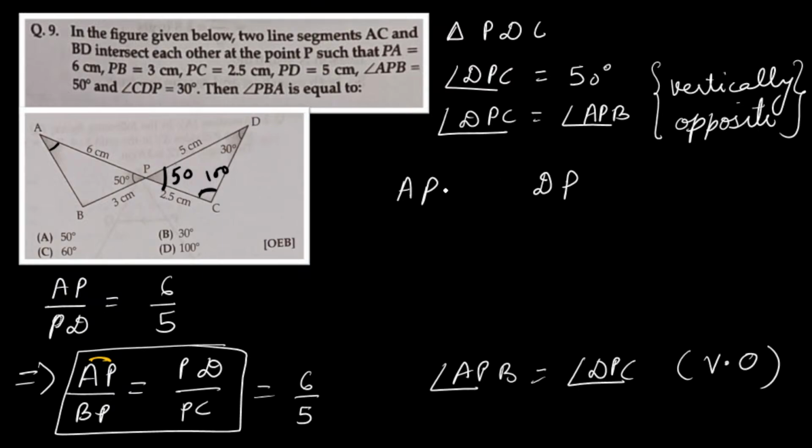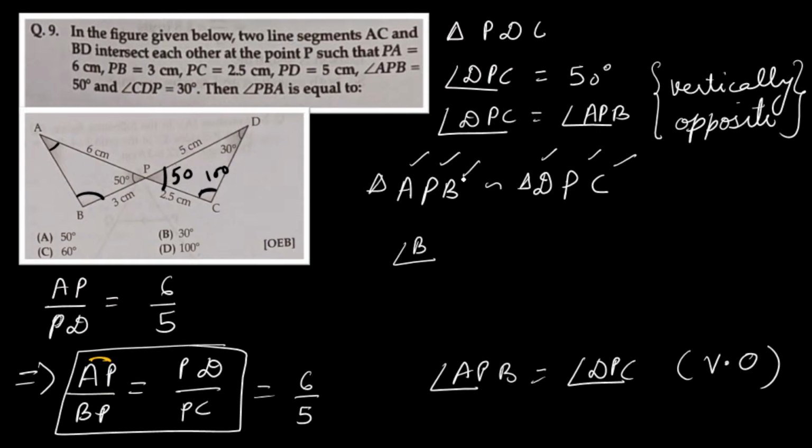Now in the first triangle, point B is there, and in the second triangle, point C is there. So A's corresponding angle is D, P's is P only, B is C. What will be the value of angle B, which we have to find?